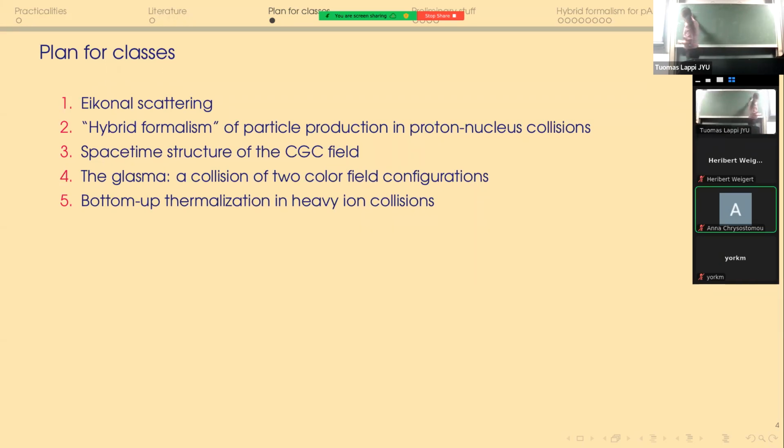So here we have some colored particle going through the color field of a high energy nucleus, and we describe this as a classical gluon field because it's a high energy collision and we assume that there are many of these gluons.